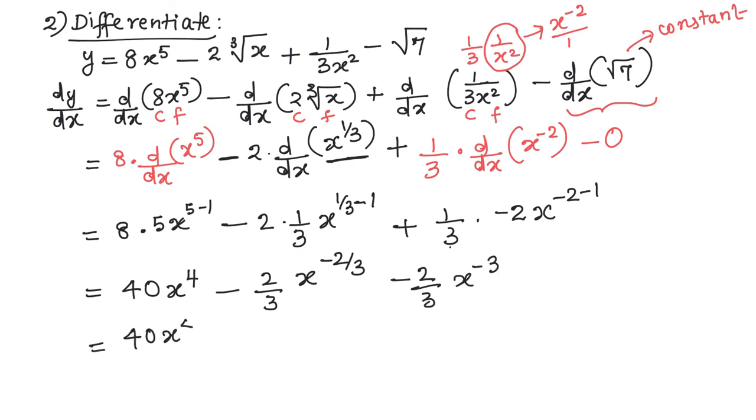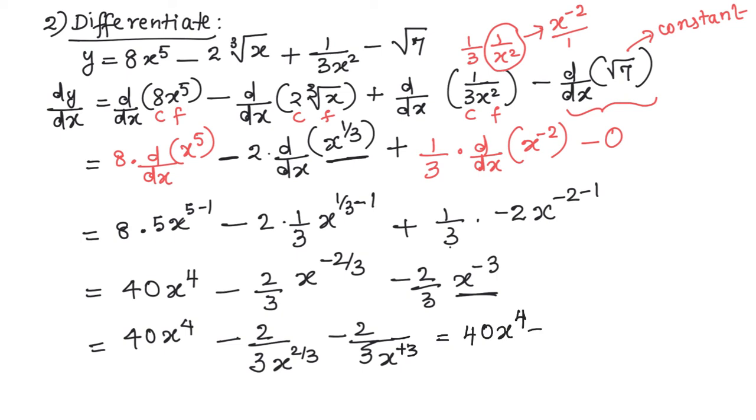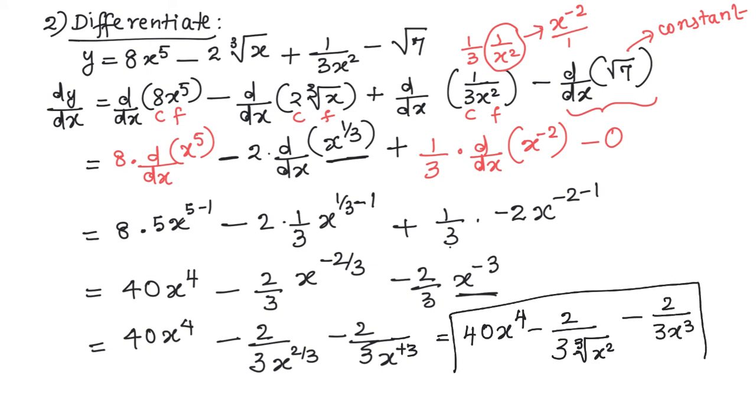We can simplify again and write it with a positive exponent. I can move this term to the denominator. You can leave your final answer like this, or you can write it as 40 x to the power 4 minus 2 over 3 times cube root of x squared, minus 2/3 x cubed in the denominator.